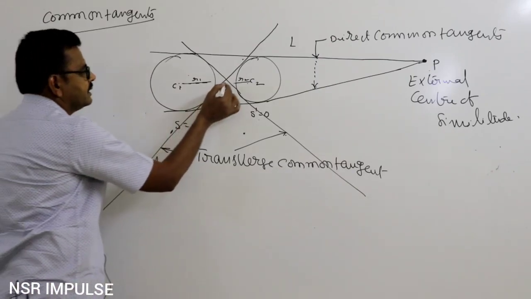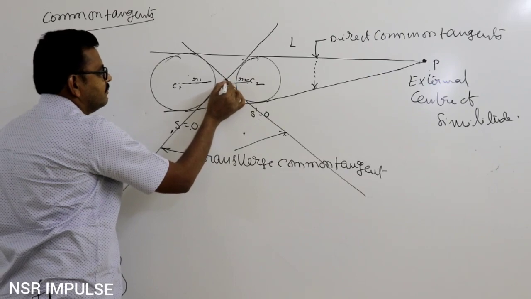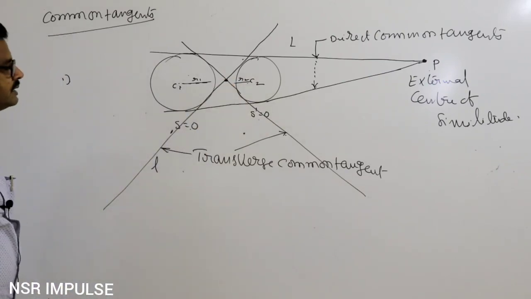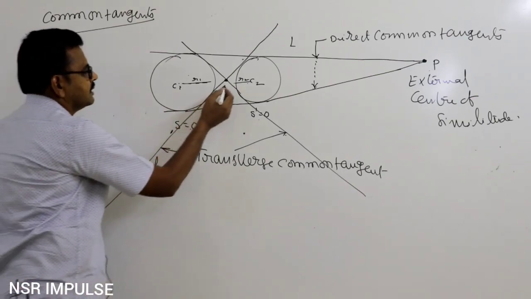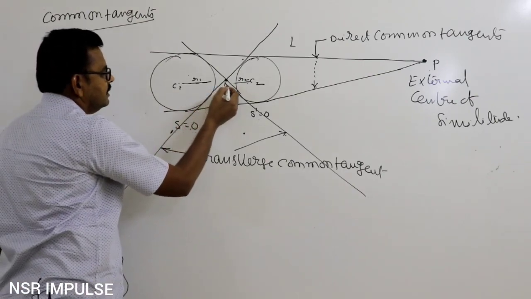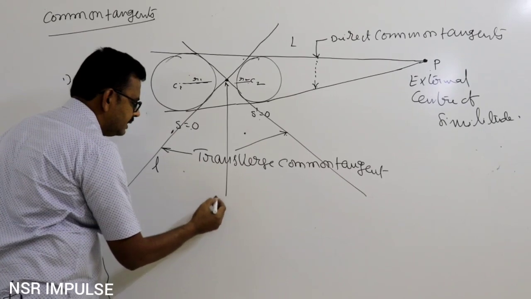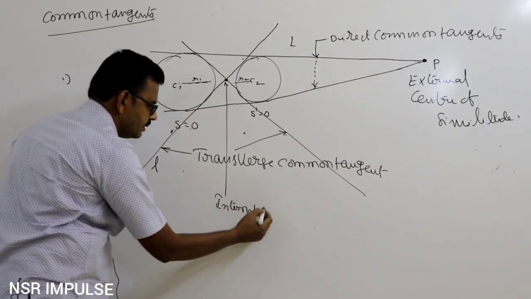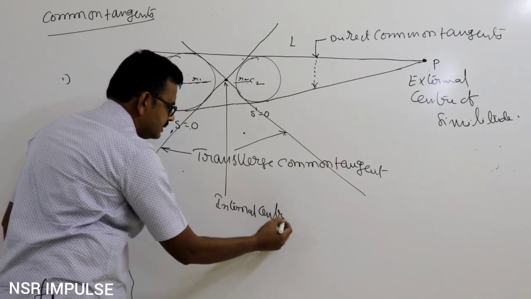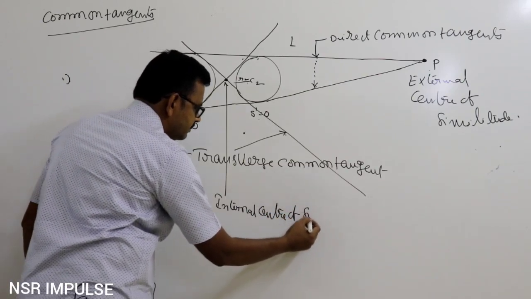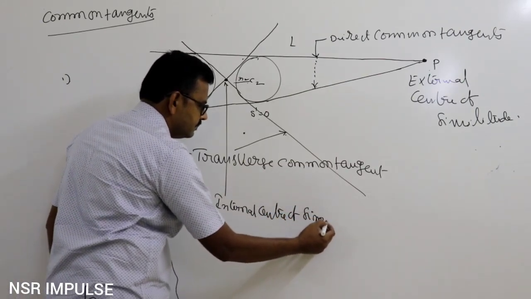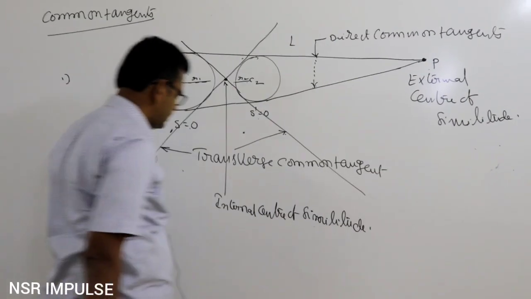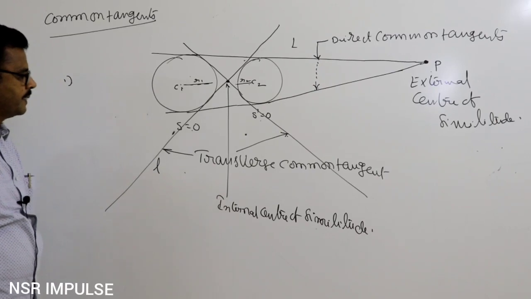The point of intersection of transverse common tangents is called the internal center of similitude.